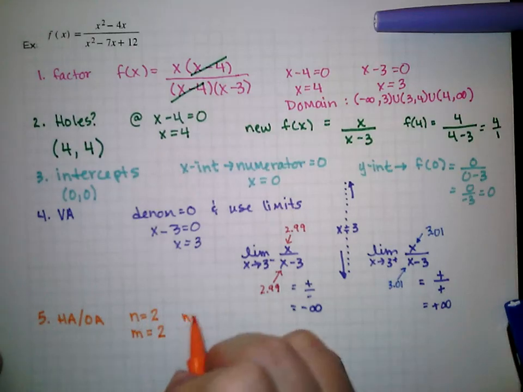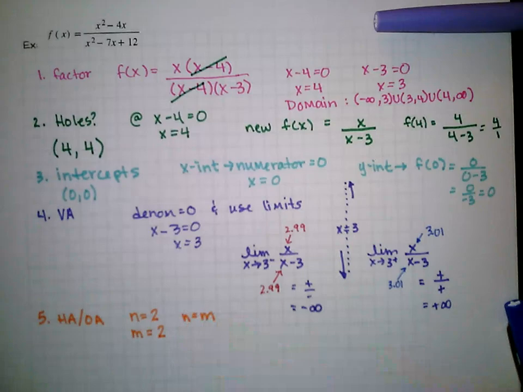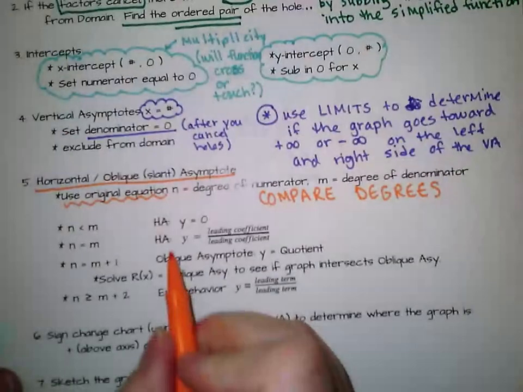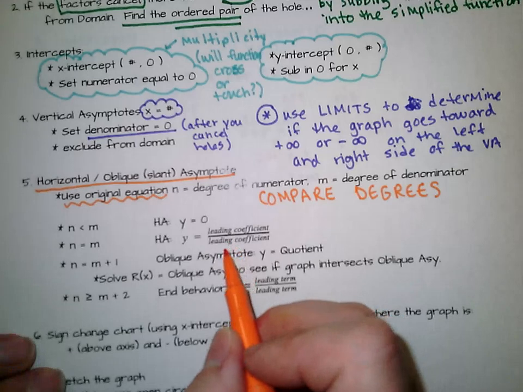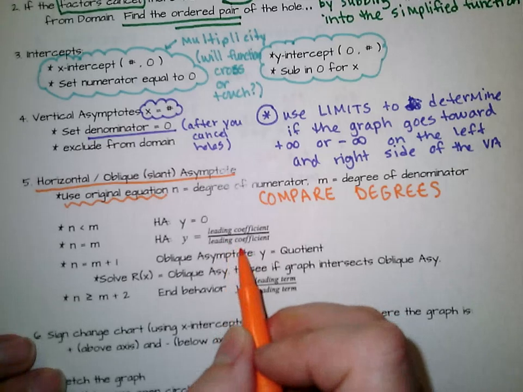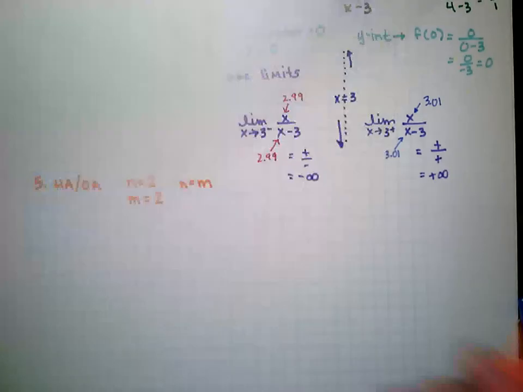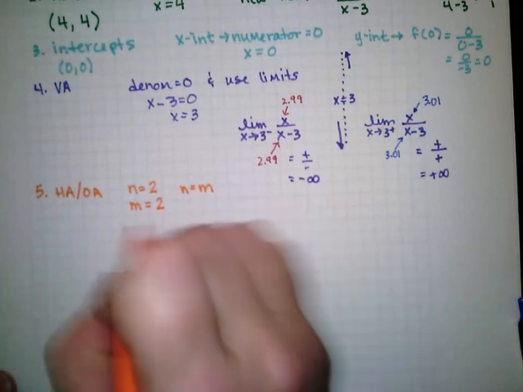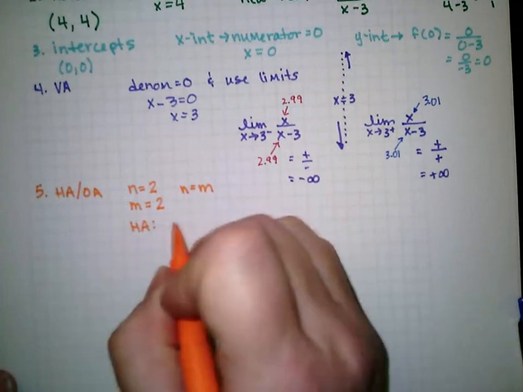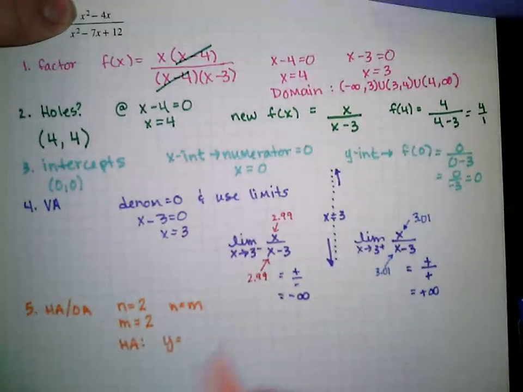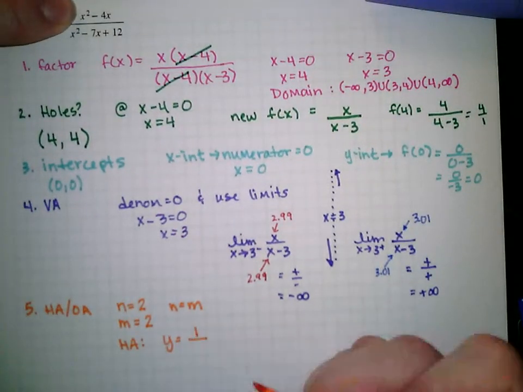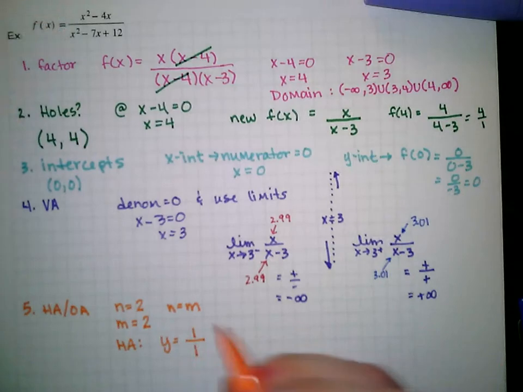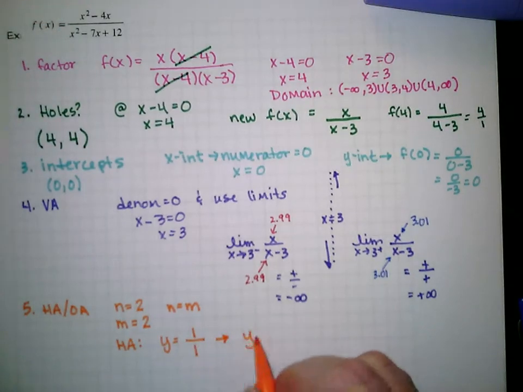Since those are equal, the horizontal asymptote is y equals the ratio of leading coefficients. The leading coefficient of the numerator is 1, and the leading coefficient of the denominator is also 1. So we will have a horizontal asymptote at y equals 1.